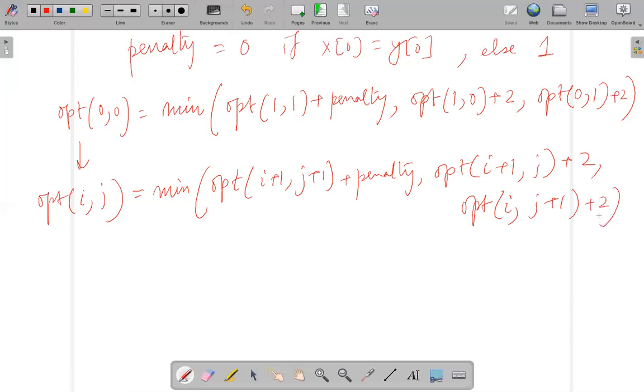The only thing left here is to construct the terminal conditions. So how to terminate?